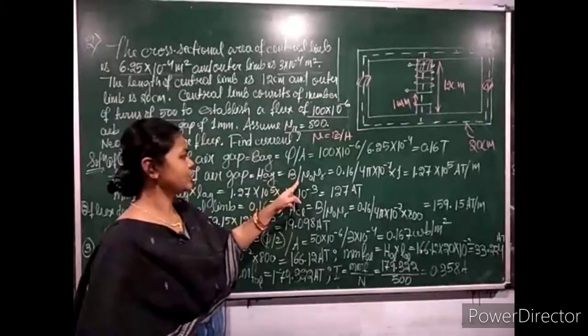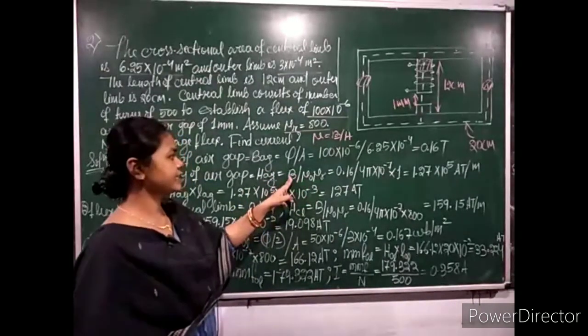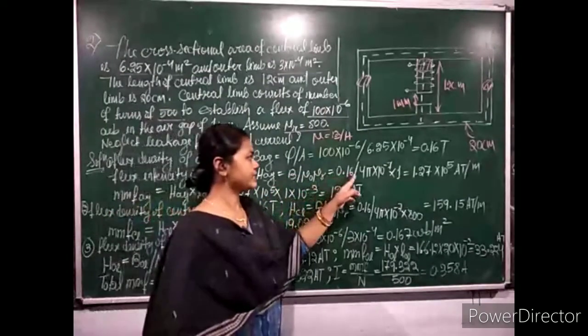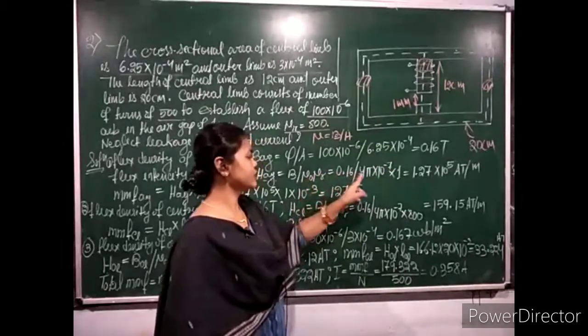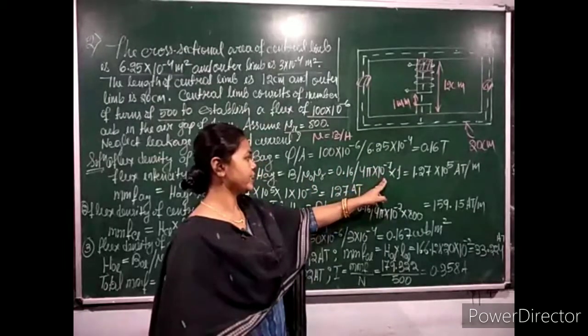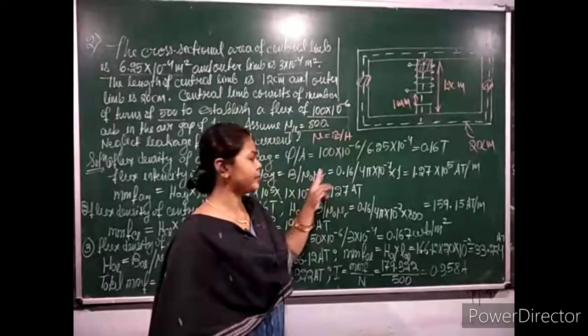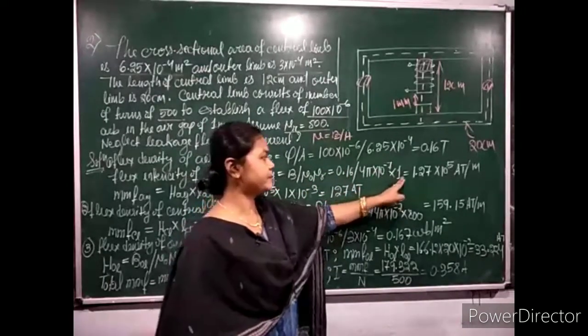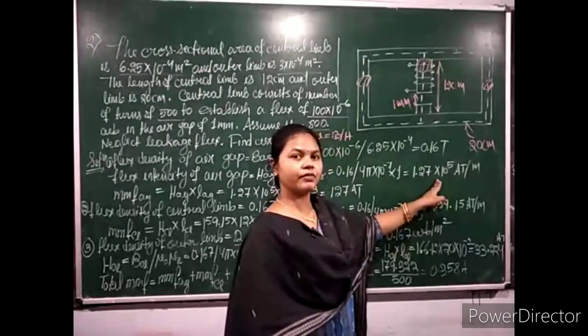That is H is equal to B by mu 0 into mu R. Flux density is 0.16, which we have calculated. Mu 0 is 4 pi into 10 to the power minus 7. Relative permeability of the air gap is 1, which gives the result 1.27 into 10 to the power 5 ampere turn per meter.